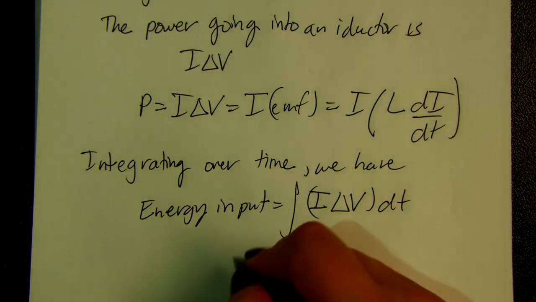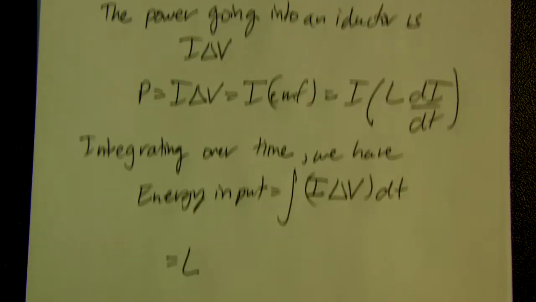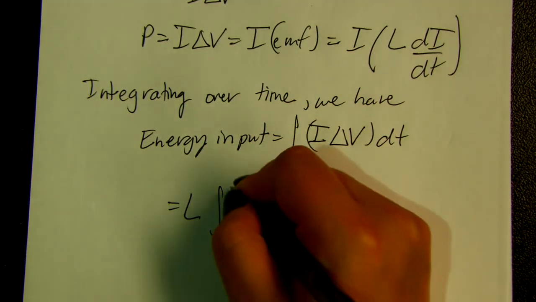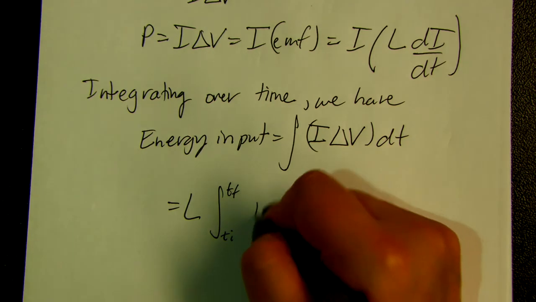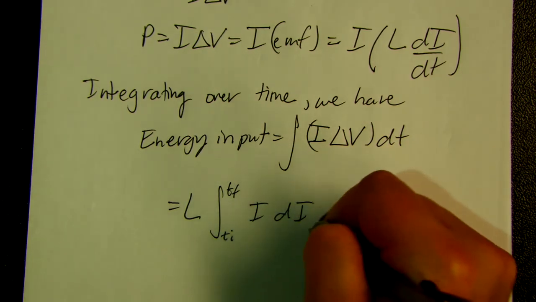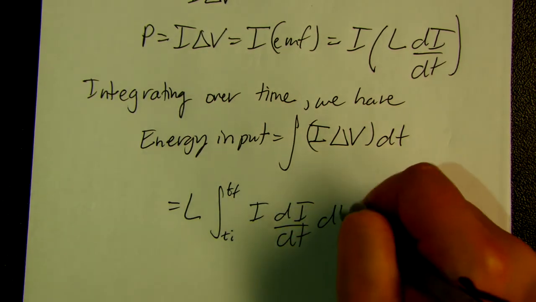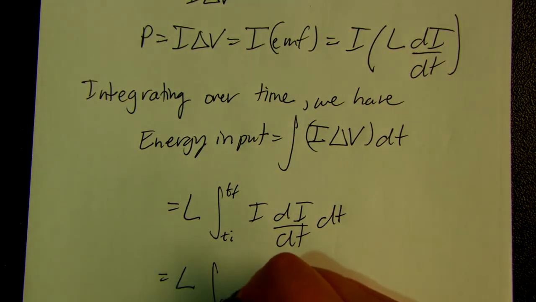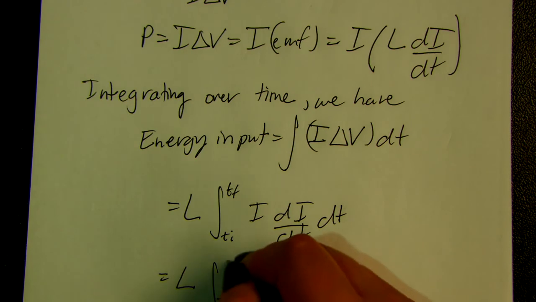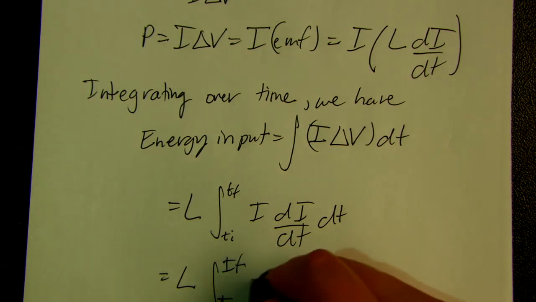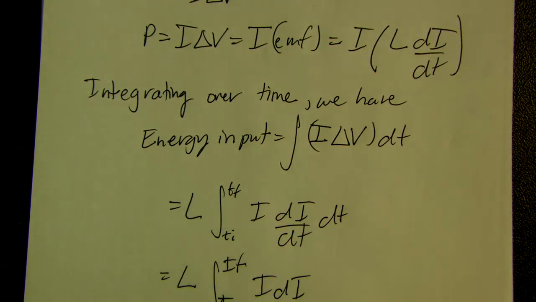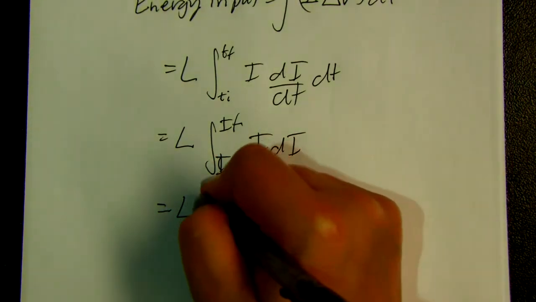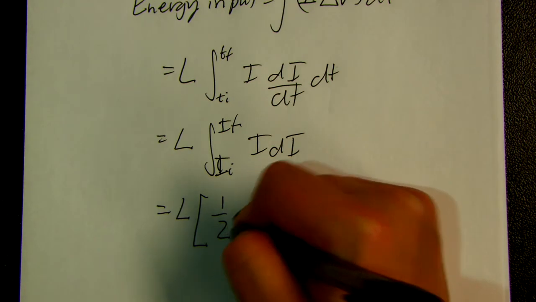So this is equal to inductance L times the integral, over whatever time interval we're integrating over, of I di/dt dt, which is equal to L times the integral from I initial to I final of I di, which is equal to L times 1/2.